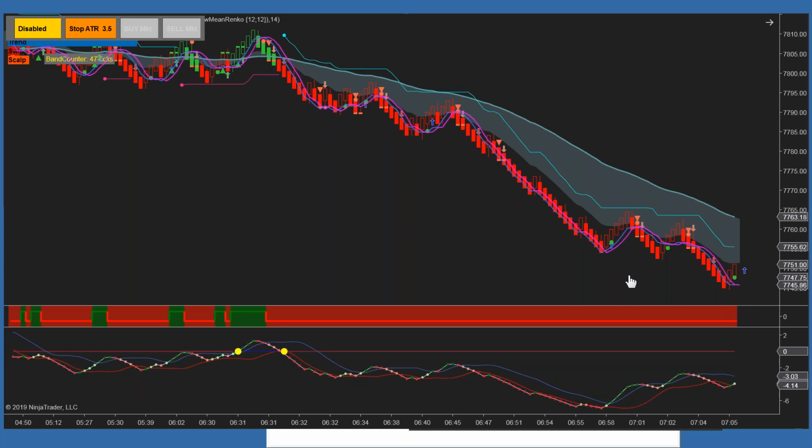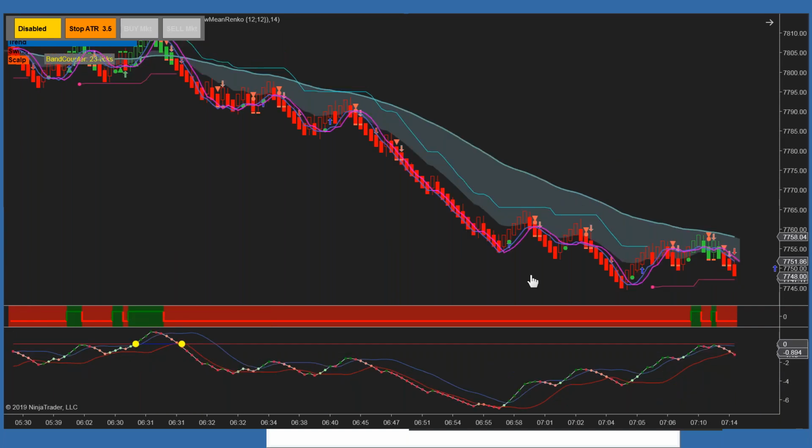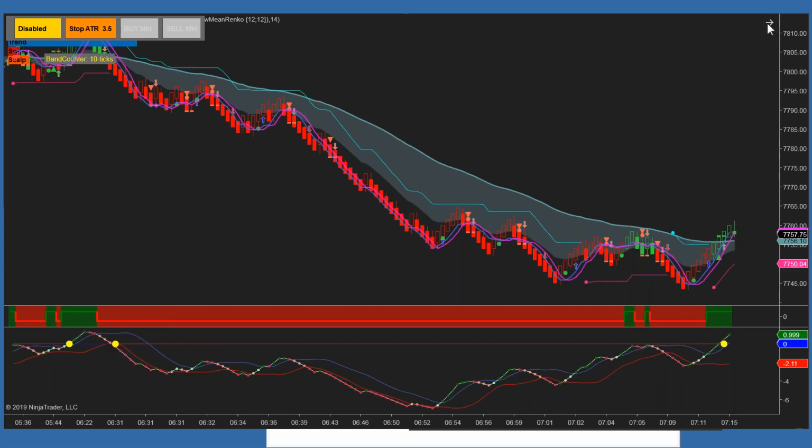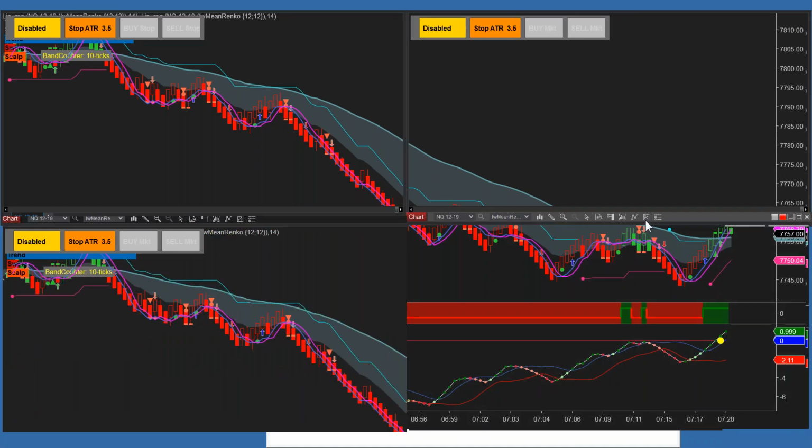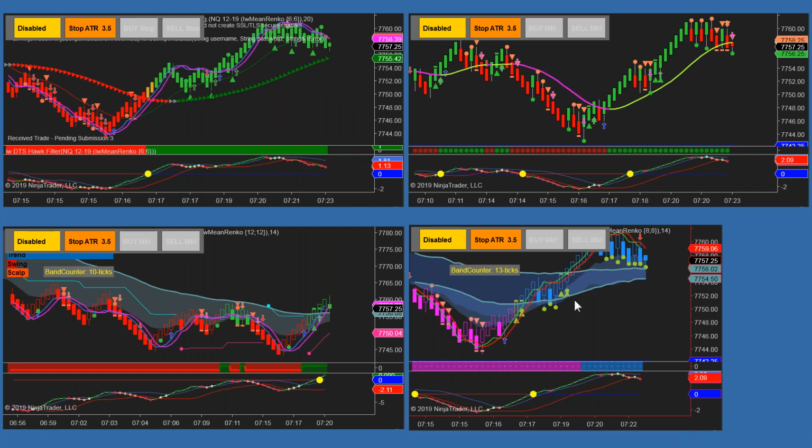But I have to say, I am fairly impressed with how the linear regression lines have been working here this morning, both on just your regular time-based chart, but maybe more importantly, on the mean Renko bars, how they have actually kept you on the right side of the market.